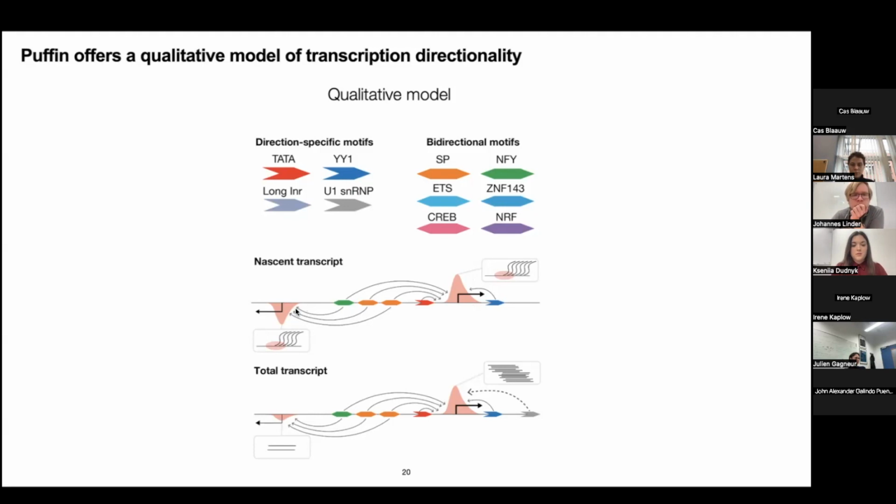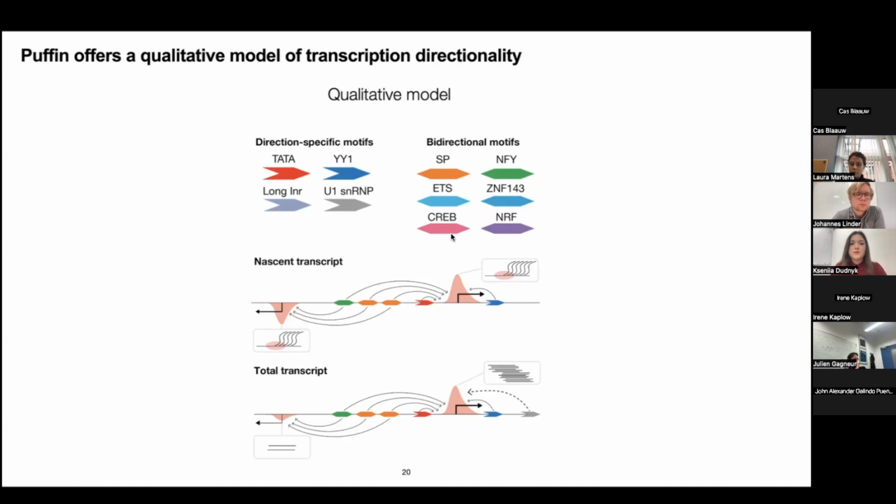The amount of the signal on the reverse strand depends on the technique that we use. For those techniques that use total mature transcript, the signal is small, but for NET-seq and similar techniques, these two peaks are comparable in intensity. We want to see if Puffin can explain this and the difference between these techniques.